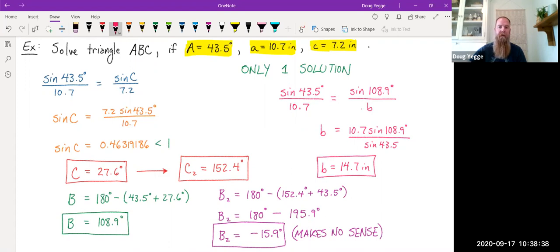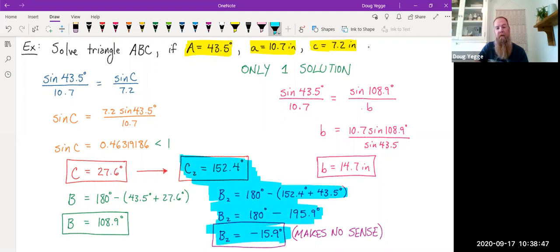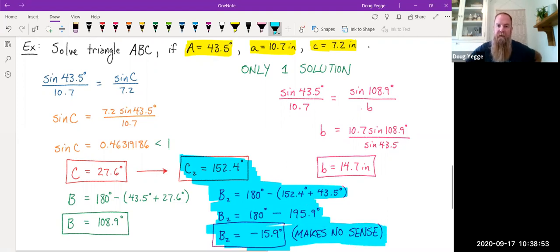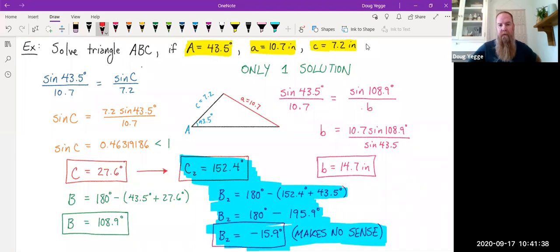Okay, so let's keep in mind that all of this highlighted in blue here does not yield a second solution, but it's not saying that we don't need to do that work, because we didn't know whether there were going to be two triangles until we did the work. But now we should recognize that we have only one triangle. So let's take a look at what that looks like. We saw that side A was longer than the other side that was given.